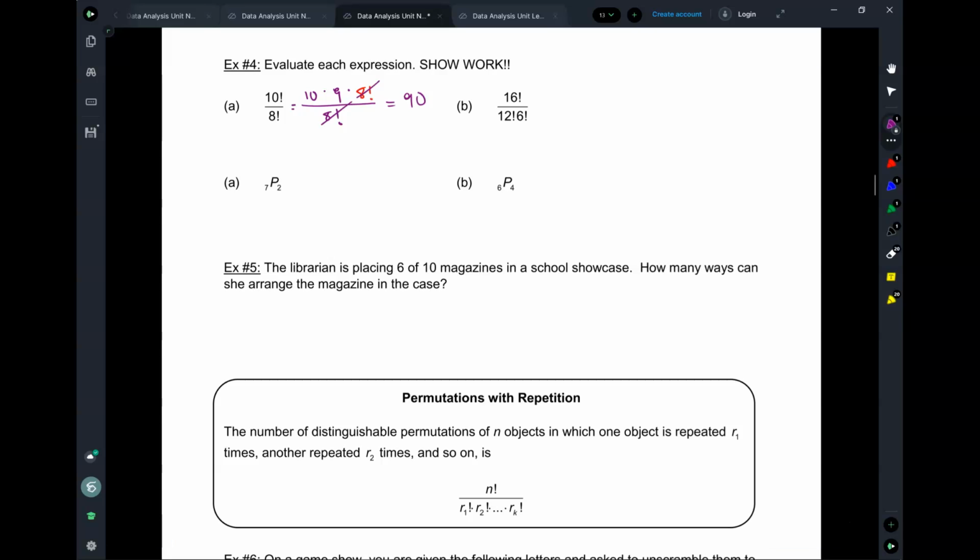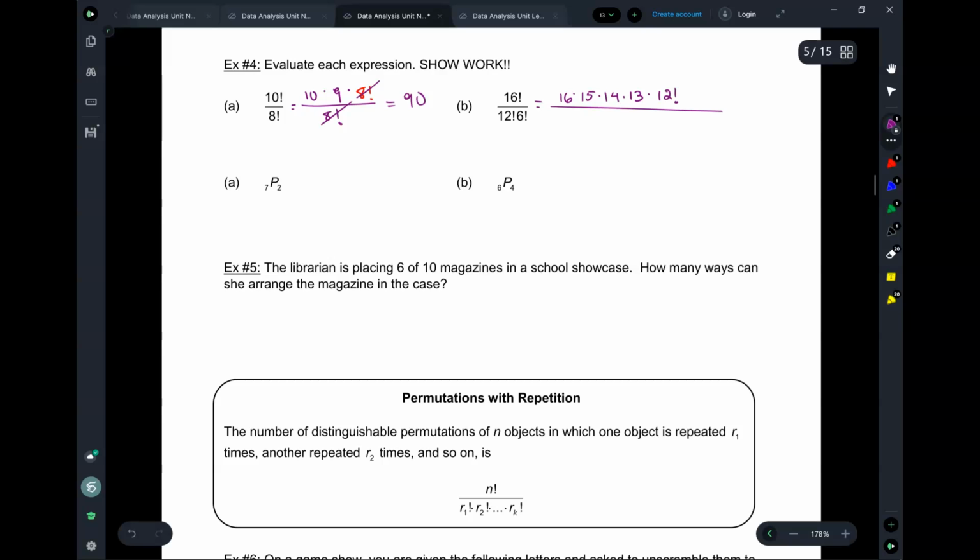Basically, when I'm writing out the numerator, I always pay attention to what I have in the denominator. And when I get to a point where I have this number, I stop and I write the factorial so I can cancel it out. So 16 factorial is 16, 15, 14, 13, 12. Now it's going to go down from 12.